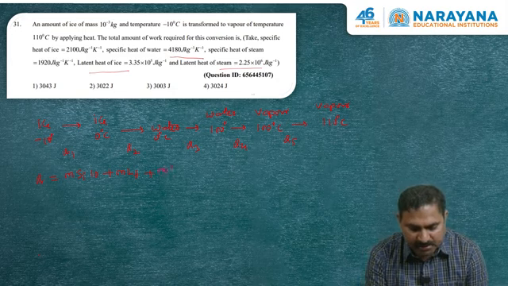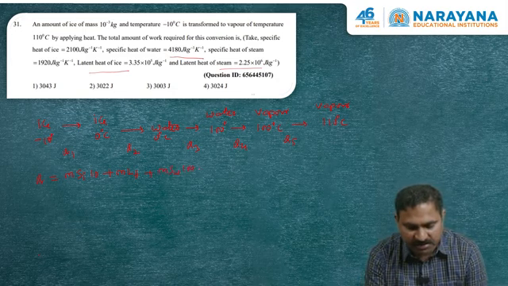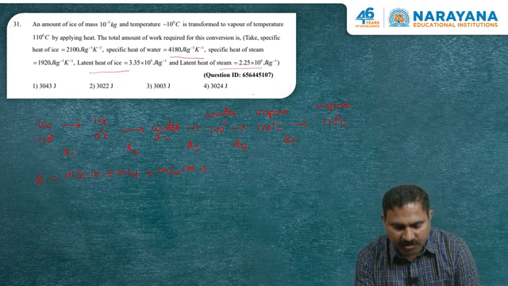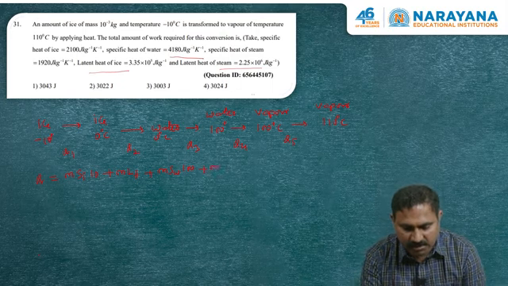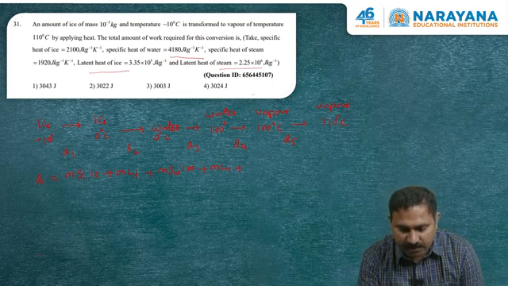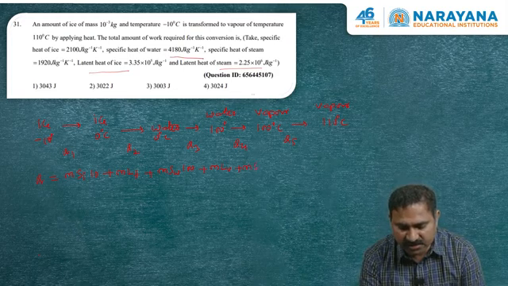So this is m into specific heat of water into rise of temperature 100. Again water to vapor at 100. So mass into latent heat of vaporization plus again vapor to vapor raised by 10 degrees centigrade, mass into specific heat of vapor into rise of temperature 10.